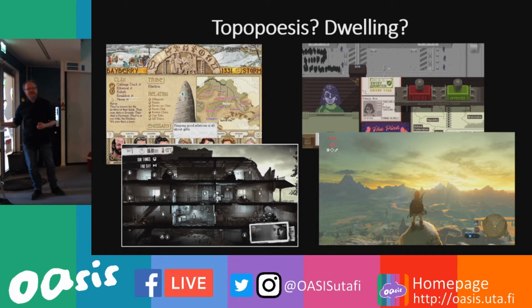Dwelling is the goal of building. But this is very preliminary at the moment, and Heidegger is notoriously difficult to understand sometimes. So, any Heidegger experts around here? I think Franz had a question.